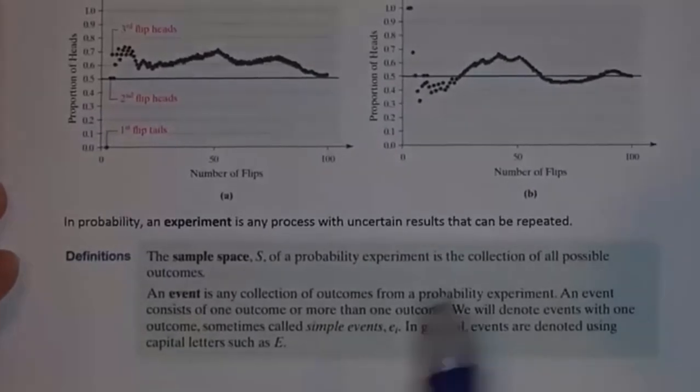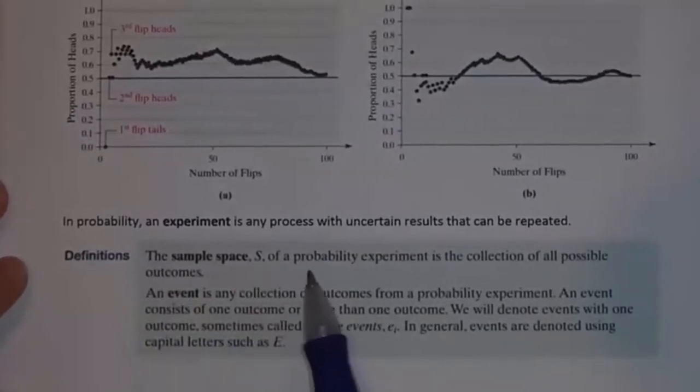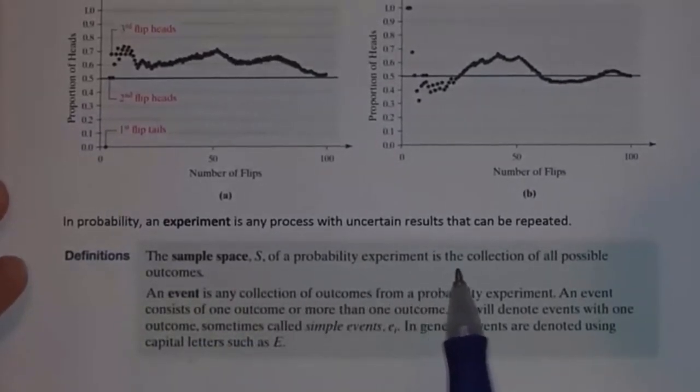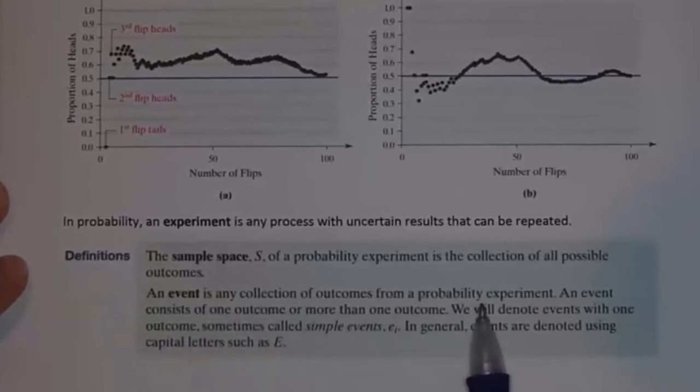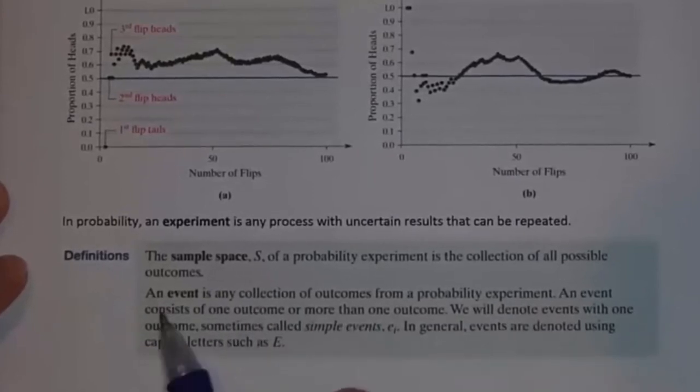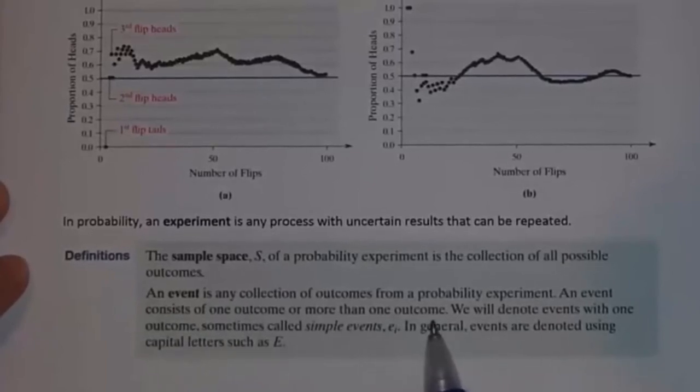Definition. The sample space S of a probability experiment is the collection of all possible outcomes. An event is any collection of outcomes from a probability experiment. An event consists of one outcome or more than one outcome. We will denote events with one outcome, which are called simple events, by a lowercase letter such as E with a subscripted number.